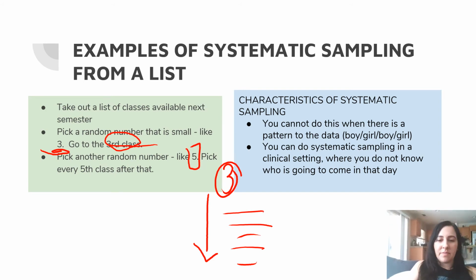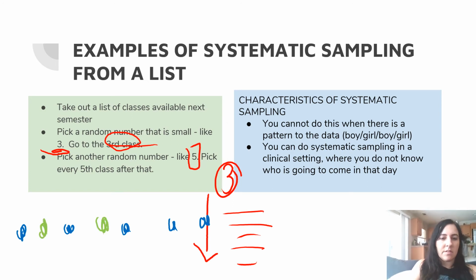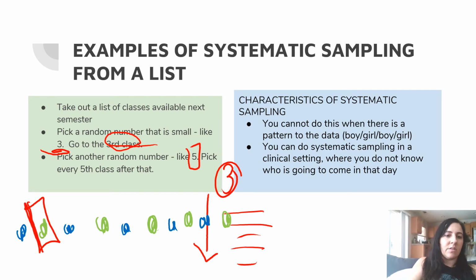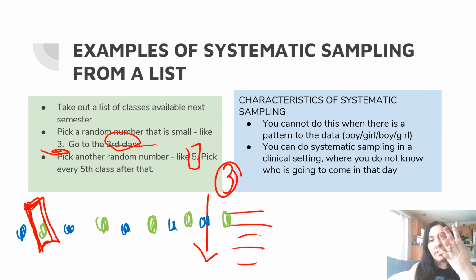Okay, let me show you something. Let's say these are the boys, and then these can be the girls. Well, if this is your initial individual, this girl right here, and you said every 4th individual is going to be chosen for your sample, what's going to happen?